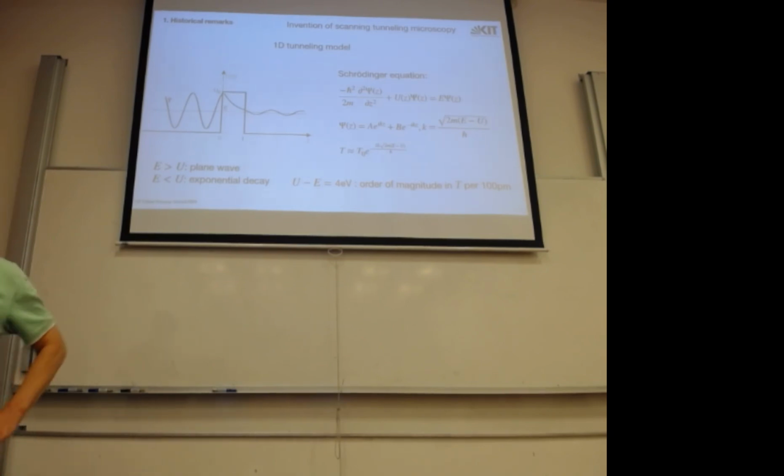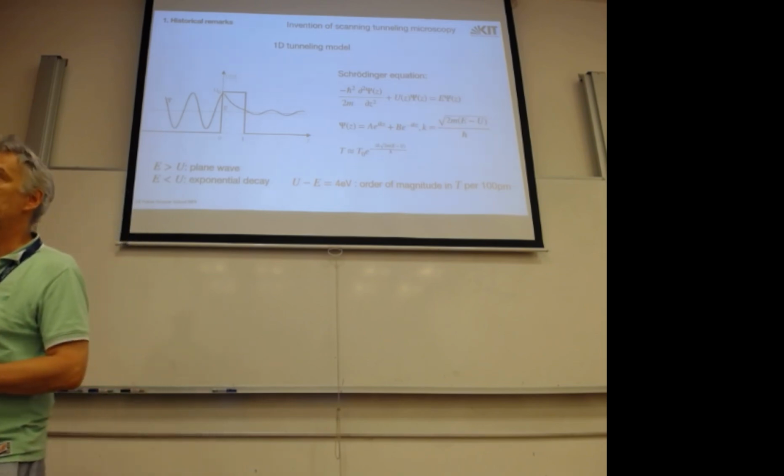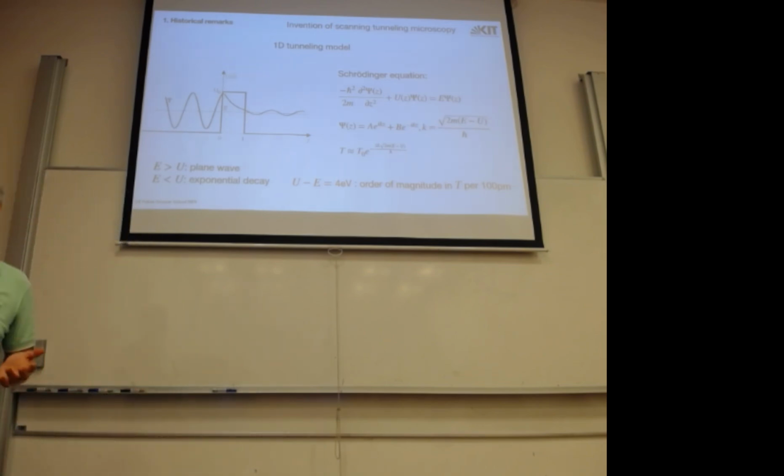Do I understand correctly that you can measure only conductors? In what I will tell you now, you can only measure conductor samples. I mean, thin insulators also have evanescent wave functions, so you can also tunnel through a thin insulator.